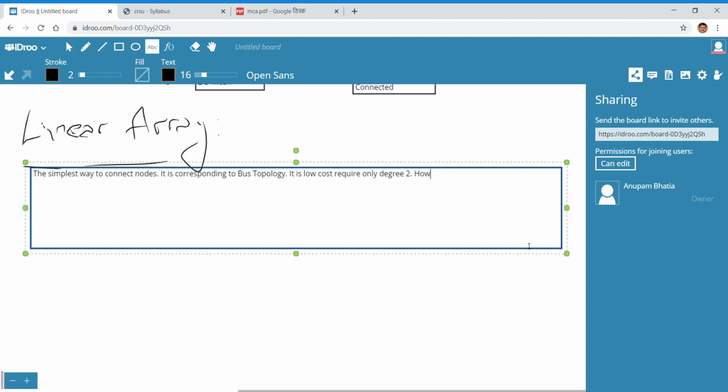However, the major disadvantage is its diameter.